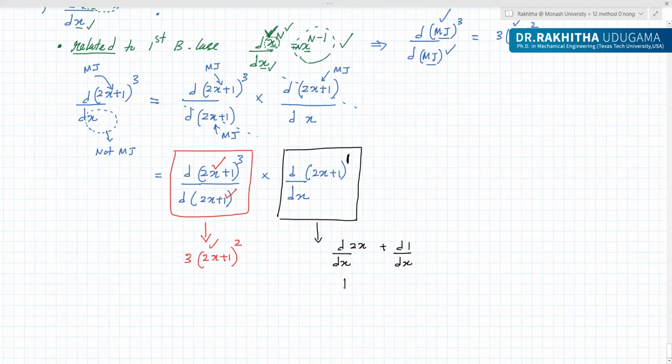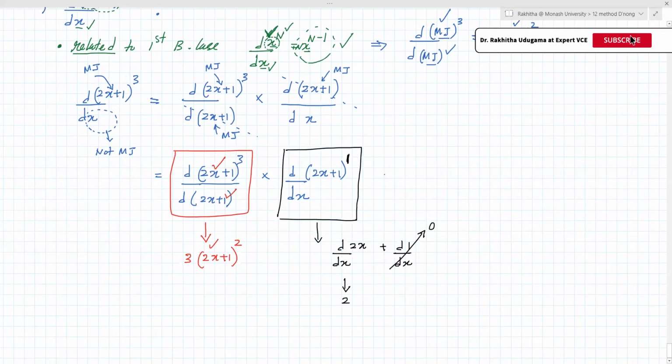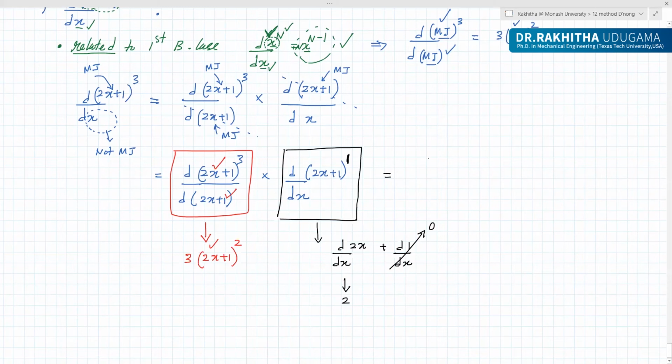Then the answer to this one is what? 2. This goes to 0, right? So the answer to the whole thing would be 2 here. 2 is coming here from here. 2 times 3 is 6. 6 times (2x plus 1) to the power 2. That's the answer. You got it?